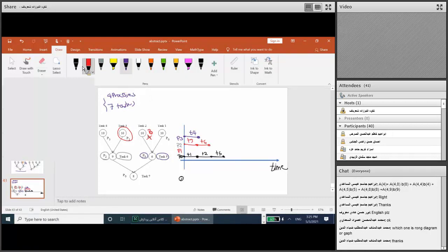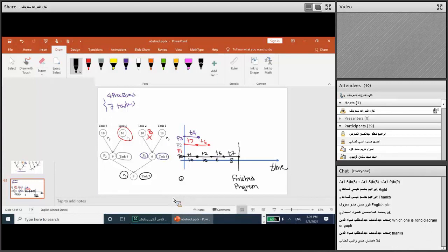And finally, task 7 is executed by P0. Ten plus 10 plus 10 plus 6 plus 8. The program is now finished. Okay, 34.